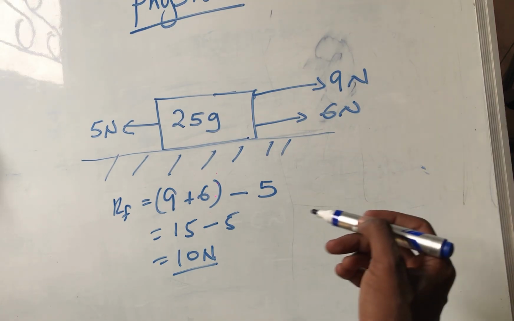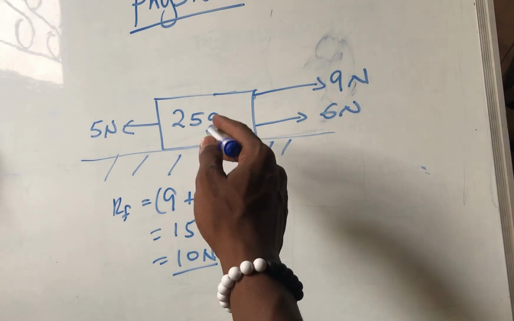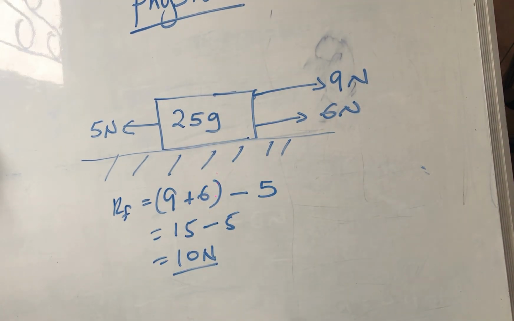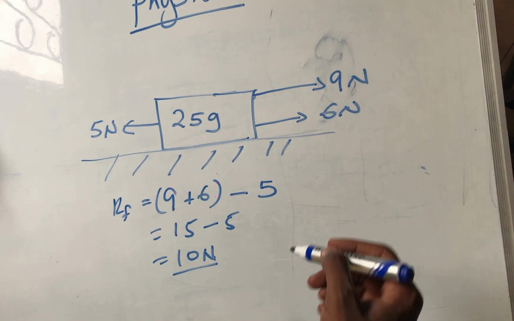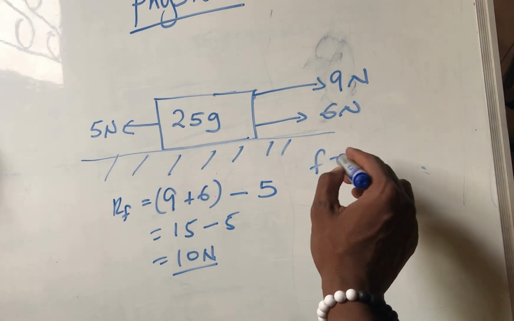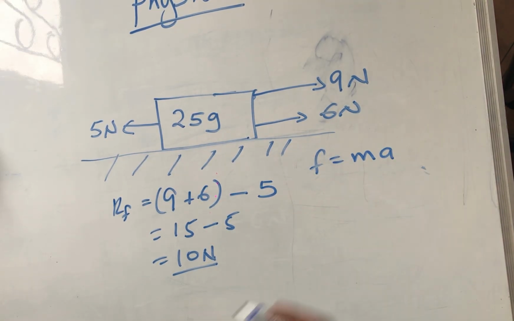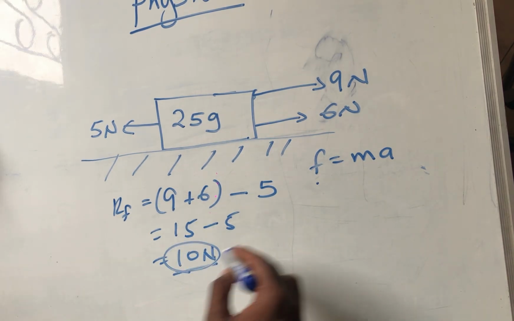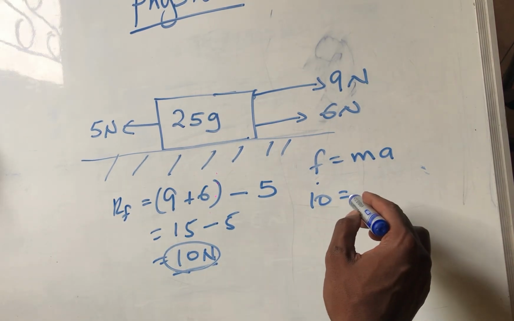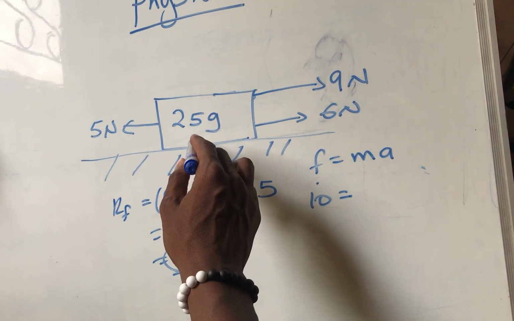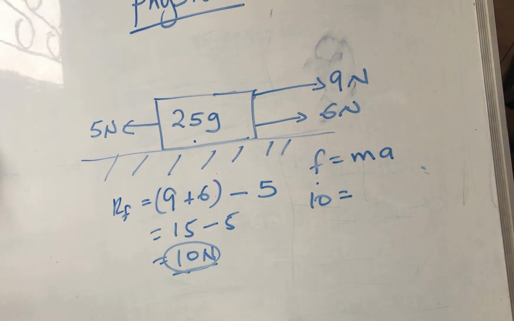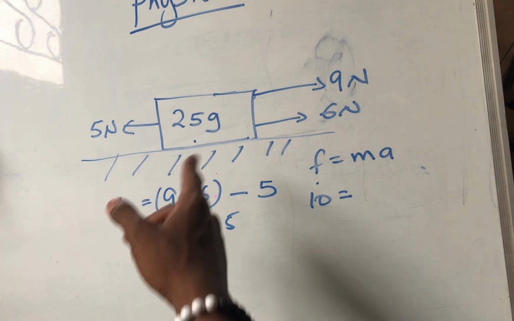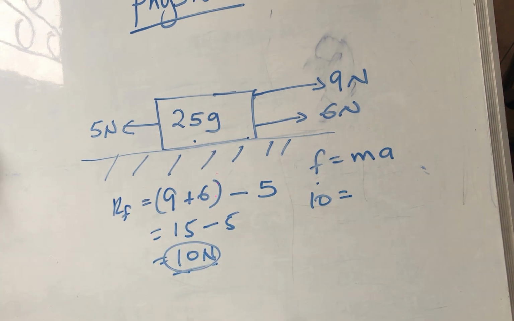Question B, we want to calculate the acceleration with which this body will move. So how do we get the acceleration? Now recall that force equals mass times acceleration. The force, we always use the resultant, which is 10 in this case. The mass, I said the mass should always be in kilograms. So because this mass is in grams, it has to be changed to kilograms.